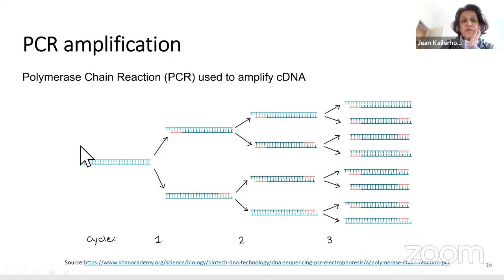1 will give rise to 2 in one cycle, and then 2 will give rise to 4. So therefore, from one double-stranded DNA, you can have massive numbers of the same DNA in 2 or 3 hours. So I have one question for you, dear students.